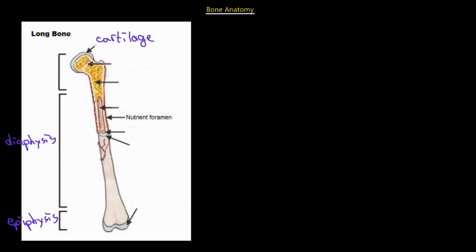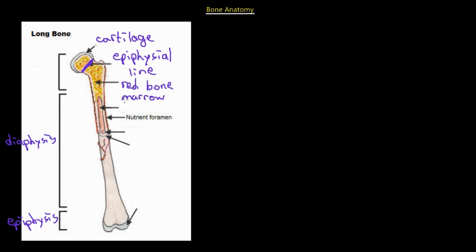Now this line right here that creates this division is where a lot of the growth of the bone happens, and that line is called the epiphyseal line. Now this part that is closer to the diaphysis side is going to be the red bone marrow.